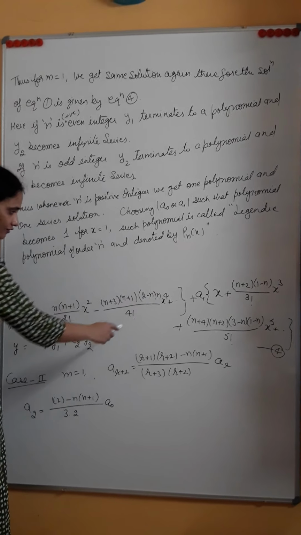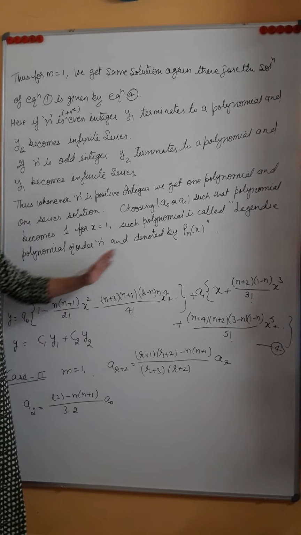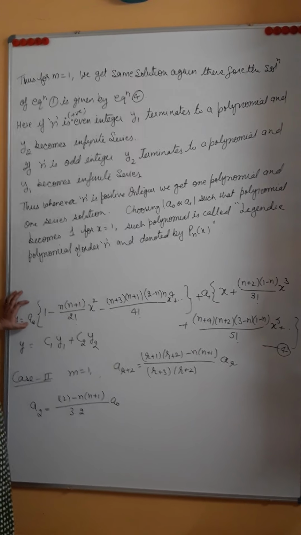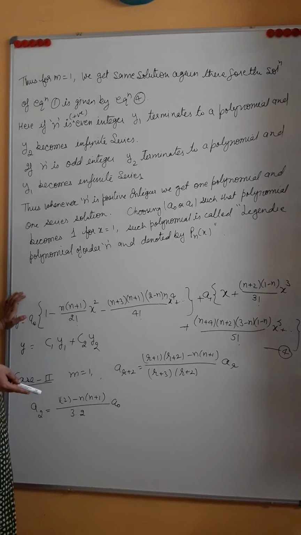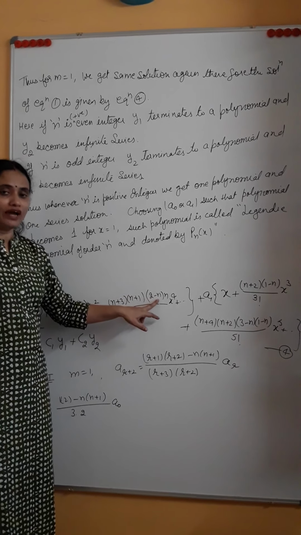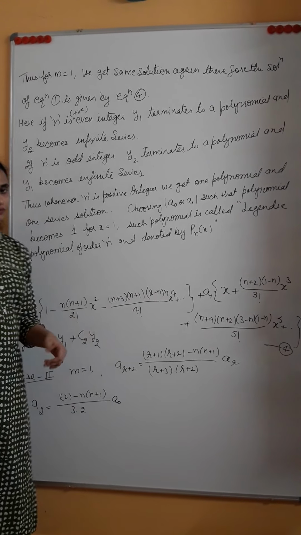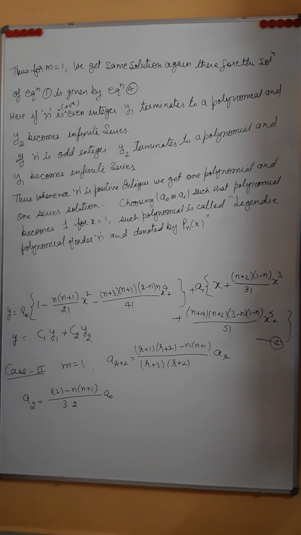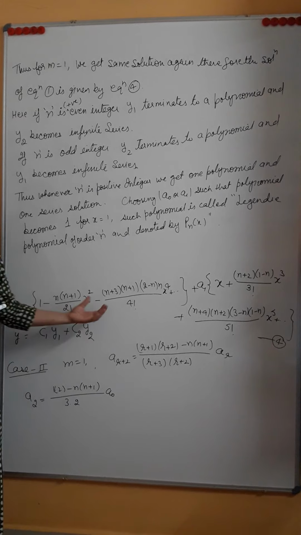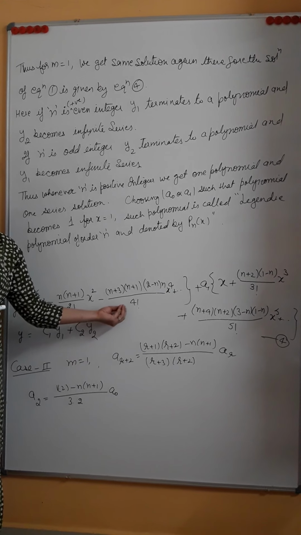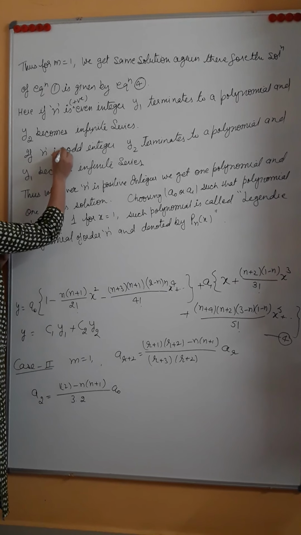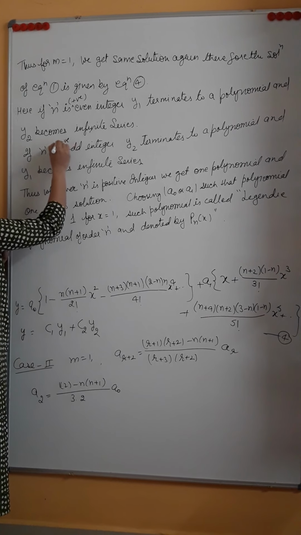So it is clear that we have to write the solution in this form, and that can be obtained by suitable substitution of a0 or a1 according to the value of n, whether it is even or odd. You can note it down and go through it again, and I hope you will understand the meaning. Substitute some particular values to understand this. Here it is positive even integer and positive odd integer.